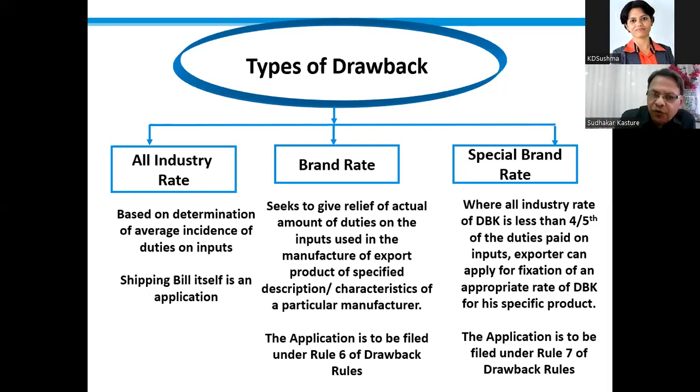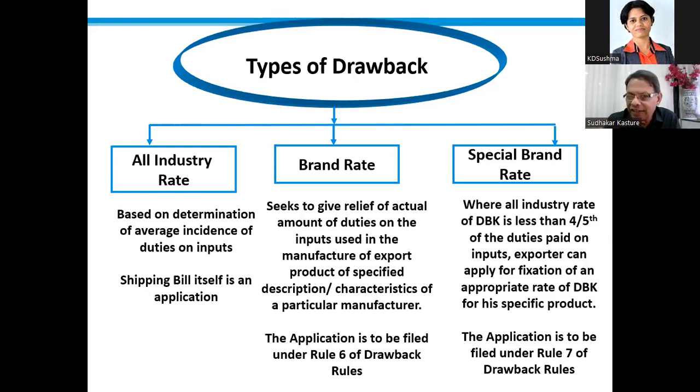The rate fixed for your product is, let's say, 1.5%. But your actual calculation of basic custom duty comes to 3%. So government says, you apply for 3%. Give me documentary proof, and I will fix the rate for you at a higher percentage called special brand rate, because your product is covered under all industry rate.